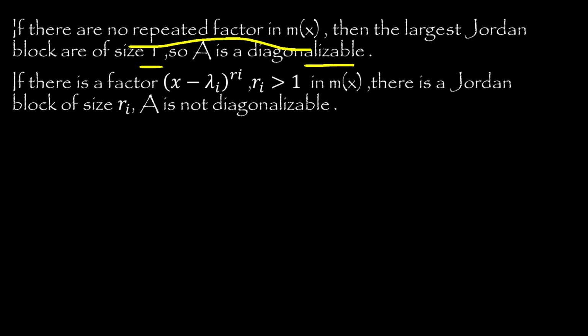And if there is a factor x minus alpha to the power ri for ri greater than 1 in the minimal polynomial, there is a Jordan block of the same size ri, and that will mean that A is not a diagonalizable matrix.